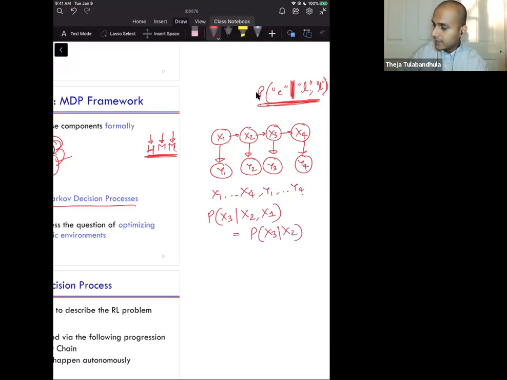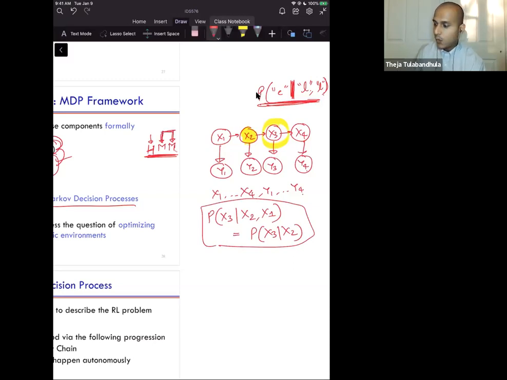In the sense that if I give you x2, the values that x3 takes have nothing to do with what value x1 took. That's the Markovian property here. So this is a Markov model. The last two letters just correspond to this.